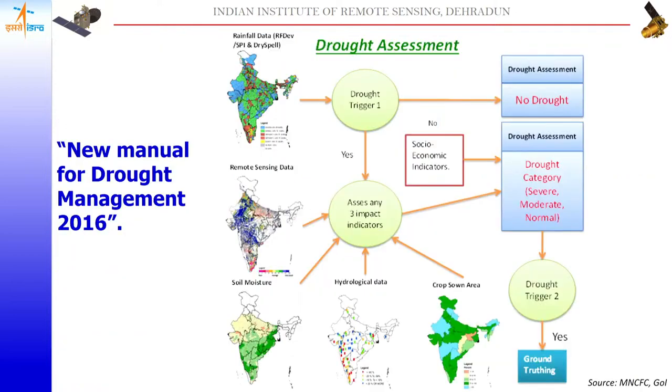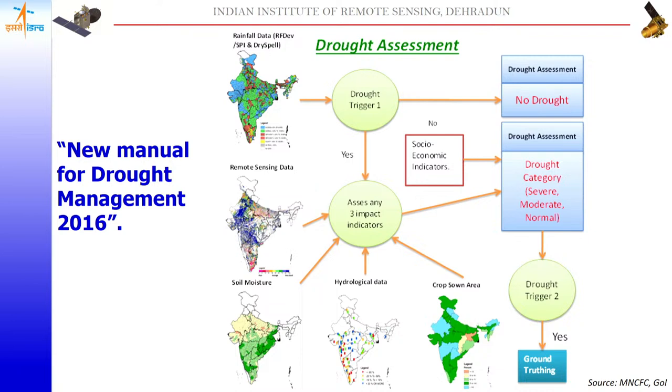They follow the new Drought Management Manual published in 2016, and with the amendment in 2019 they are also doing the drought assessment for the Rabi season. Earlier it was only defined for the Kharif season, but with the 2019 amendment, the drought assessment and monitoring is currently done for the Kharif season as well as the Rabi season.